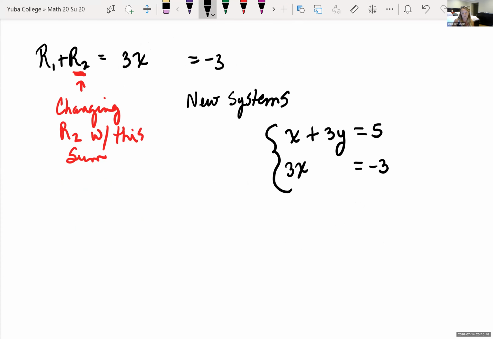Well, it's in the way that we can solve for x in the second equation. So technically, to solve for x here, I'm taking 1/3 times my second row.